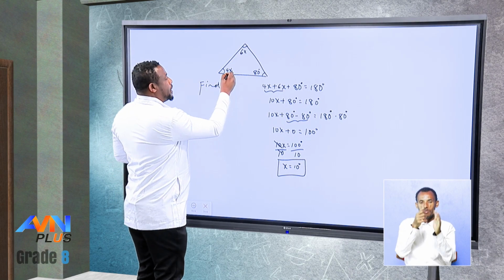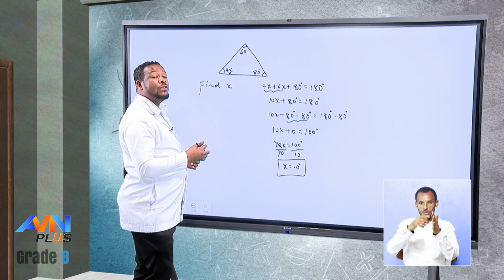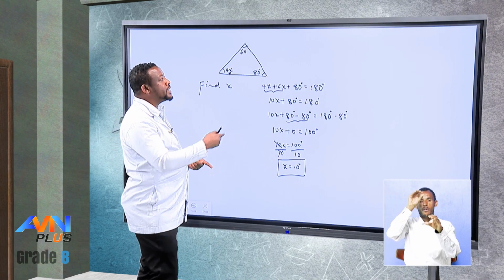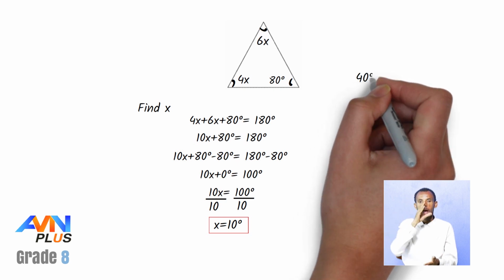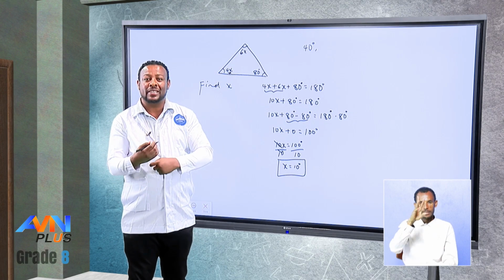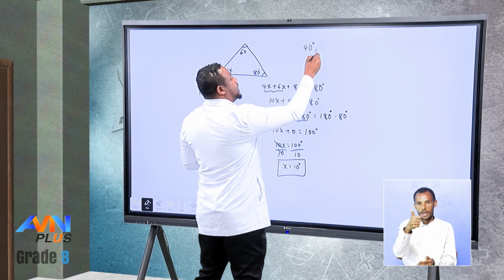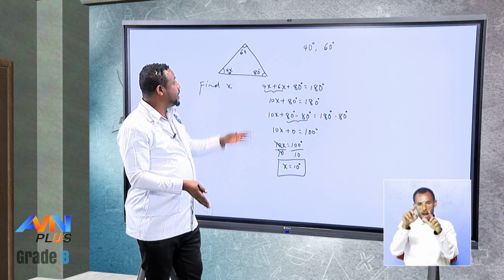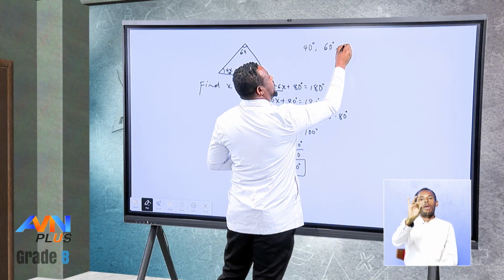For example, here 4 times x, okay, 4 times 10 is 40 degrees. One of the interior angles in this case is 40 degrees. And when you substitute x in the second case, 6 times x, that means 6 times 10, the result is 60 degrees, right? So the second angle is 60, the third is already known, which is 80 degrees, right?